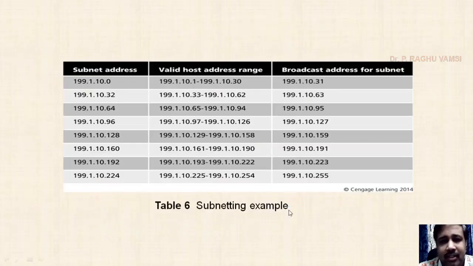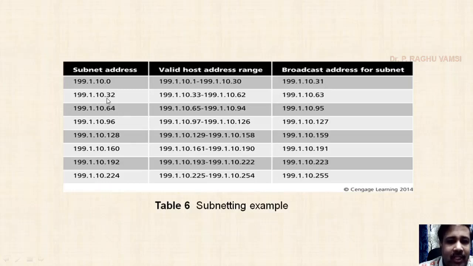That is the reason the range will be like this. Whenever you select the IP address like this, the range will be 199.1.10.1 to 199.1.10.30. This is one range, and the broadcast address is 10.31.